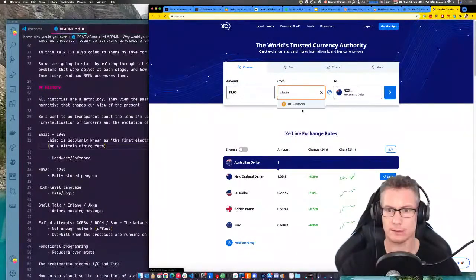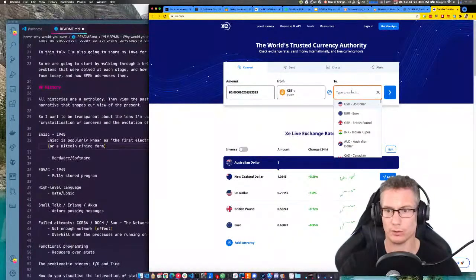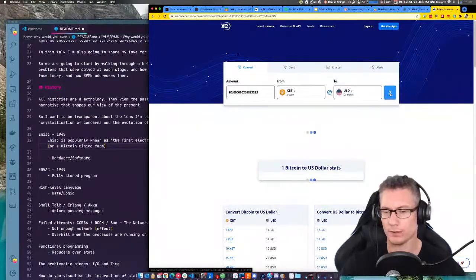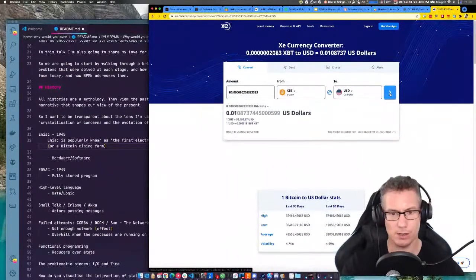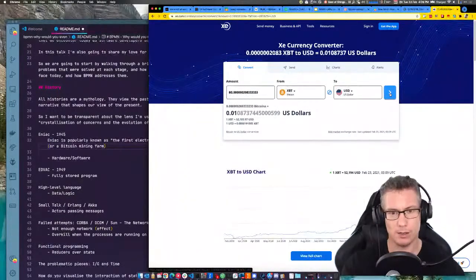Okay. Here's the amount of Bitcoin. And let's see what that's worth in US dollars, because I think most of my audience are going to be in the US. Basically 1 cent.